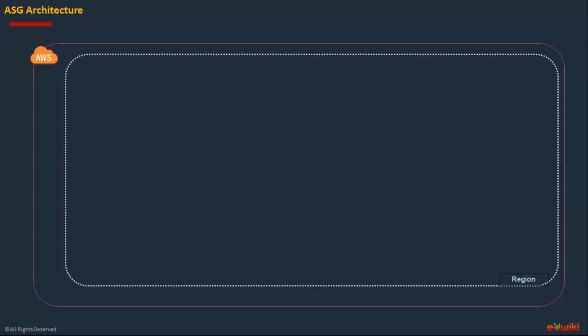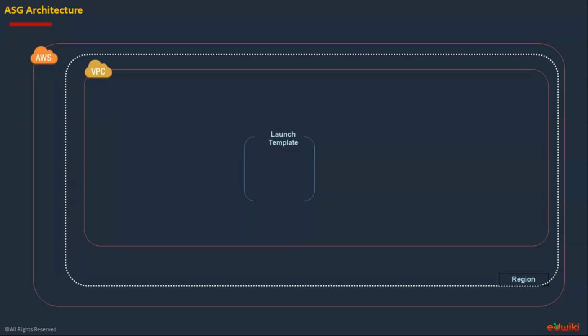So when I'm trying to implement this solution, you go with your AWS cloud, choose the region, and obviously deploy the VPC. Now the very first thing is you create a launch template, right? What is there in the launch template, guys? The launch template is the predefined configuration of the EC2 instance, how the instance has to be created.